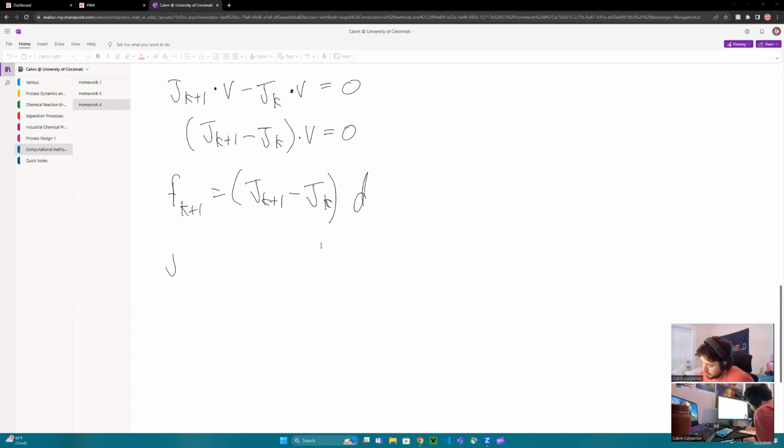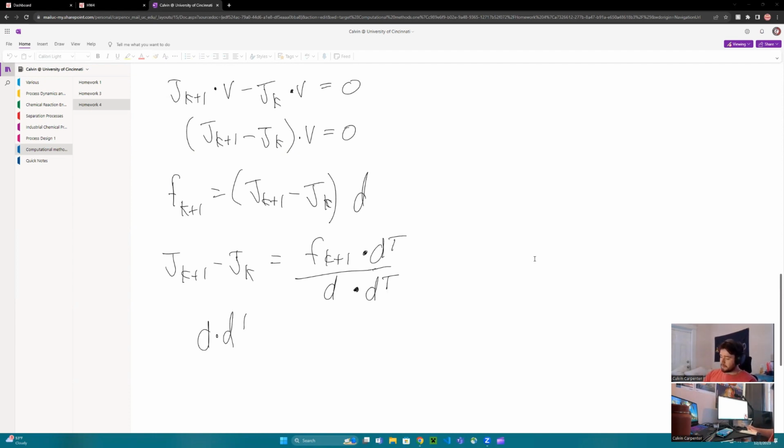So J of k plus 1 minus J of k equals f of k plus 1 over D. And then we're going to dot product the transpose of D. So using this, D D transpose is going to be equal to our absolute value of x squared, or sorry, delta x, not x.